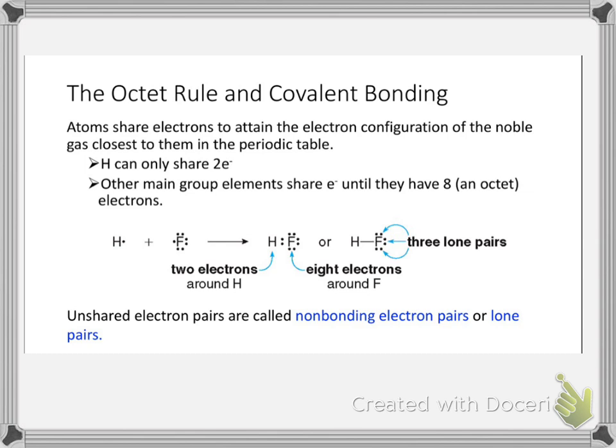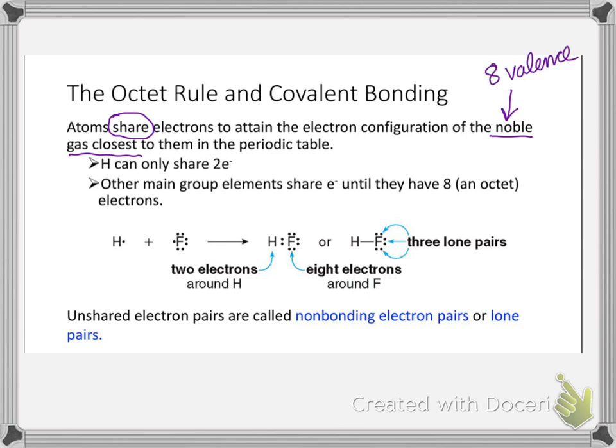And so a couple things about that. If we're talking about covalent bonding, then we're not going to have the gaining and the losing. We're talking about atoms wanting to share so that they can have the electron configuration of the noble gas closest to them. Now, noble gases, except for helium, have 8 valence electrons.